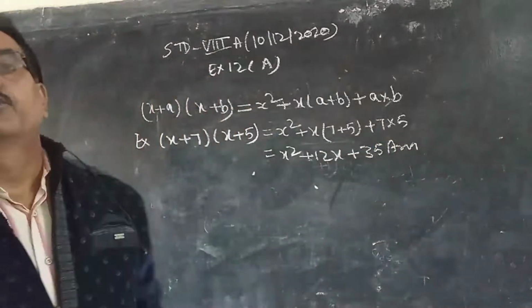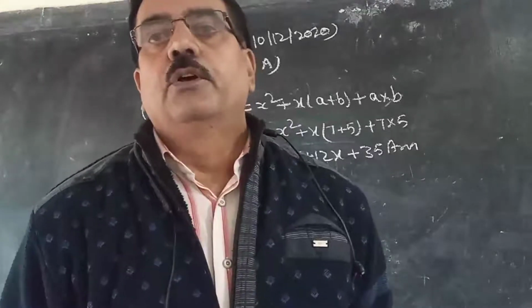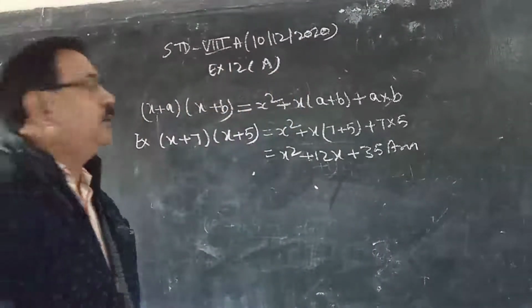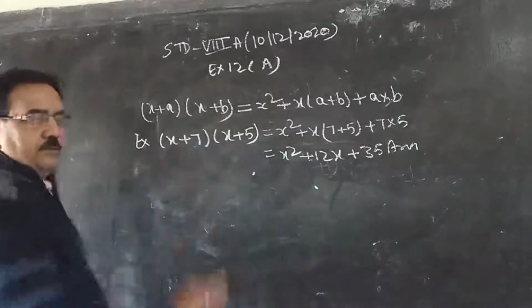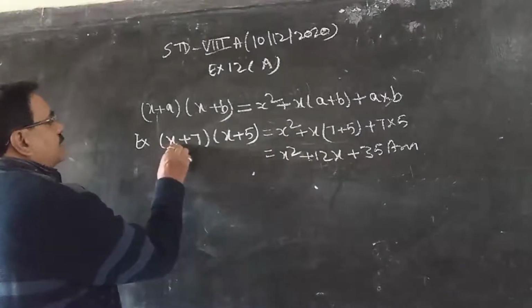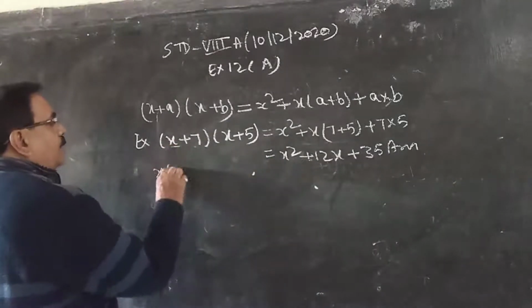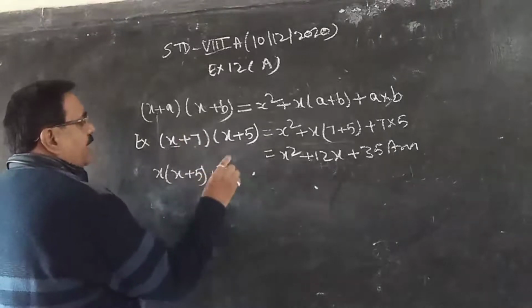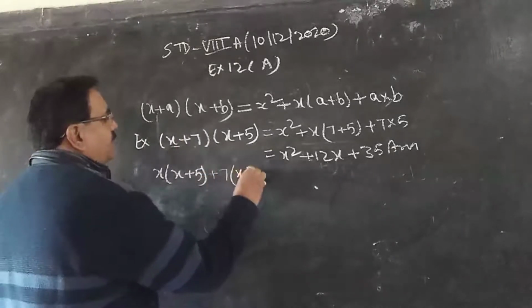And yesterday I asked you to do the multiplication. You can solve this question by multiplying the brackets also. There are two brackets. From x of the first bracket, multiply the second bracket. From 7 of the first bracket, multiply the second bracket.